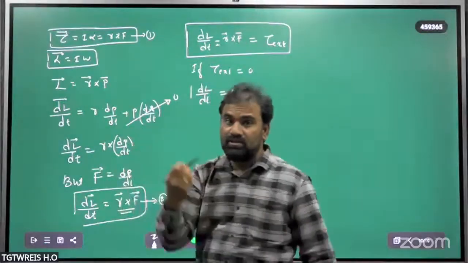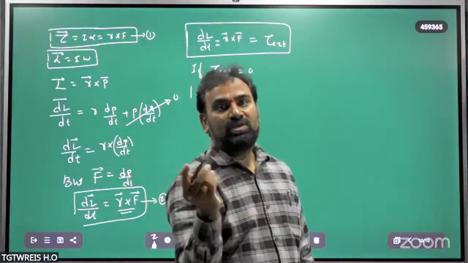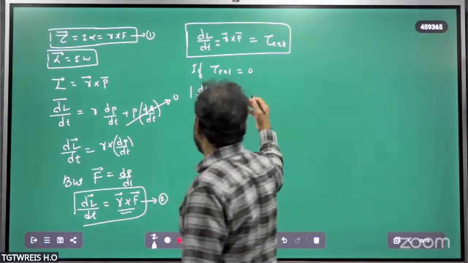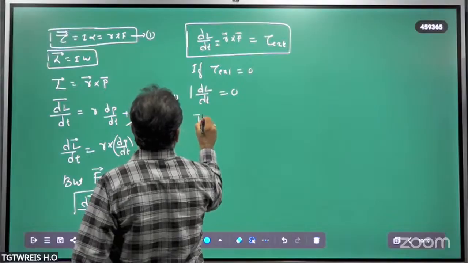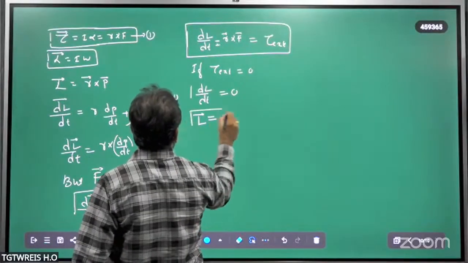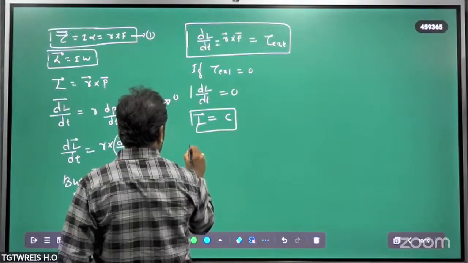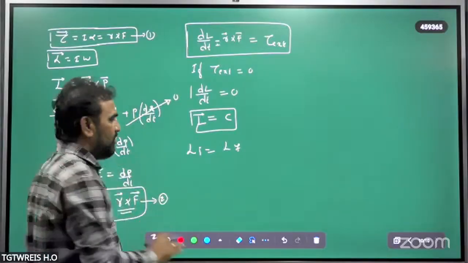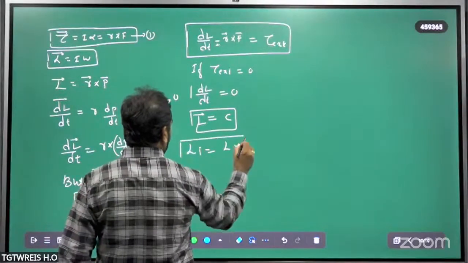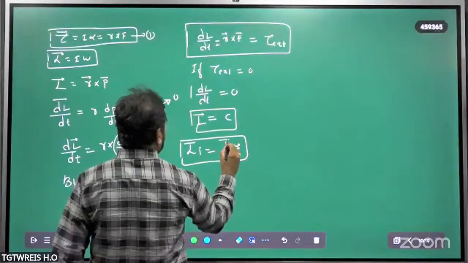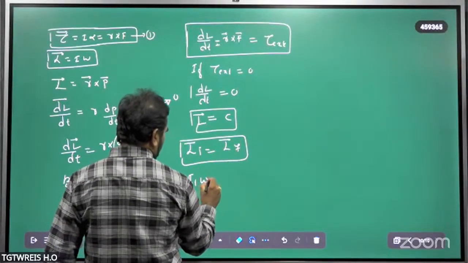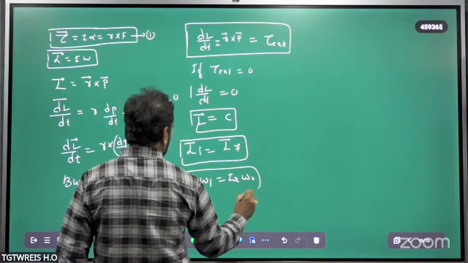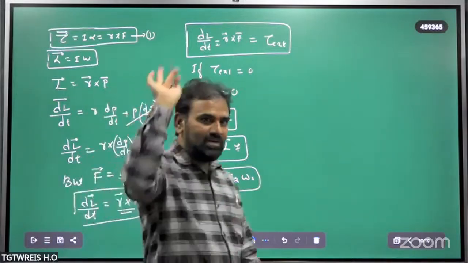That means the value of L must be constant, because the derivative of a constant value is 0. Therefore L must be equal to a constant, which means L initial must be equal to L final. That is I1 omega 1 is equal to I2 omega 2. This is called the law of conservation of angular momentum.